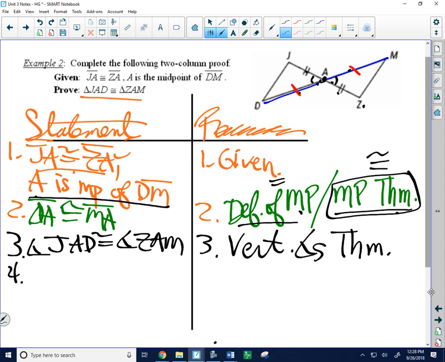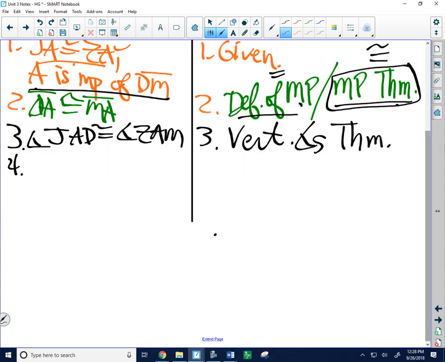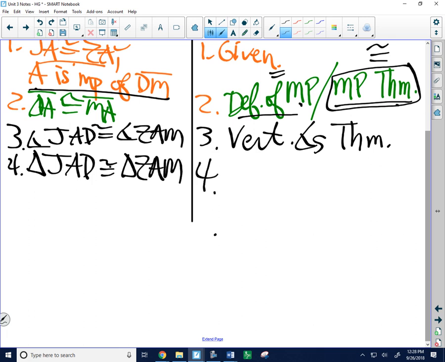Now I just need to state in step 4 that the triangles are congruent. Triangle JAD is congruent to triangle ZAM. The reasons, I already put them up: the new postulates, SSS or side angle side. And certainly this one is SAS.